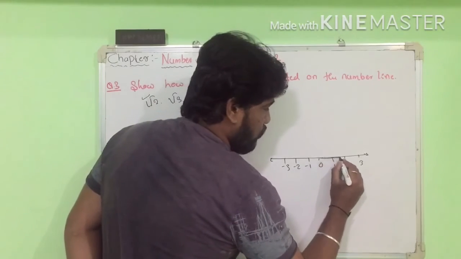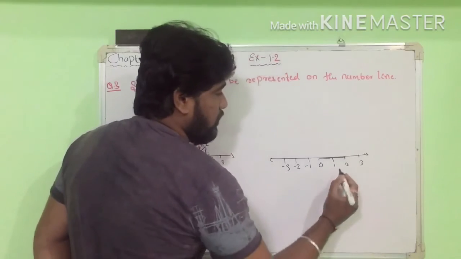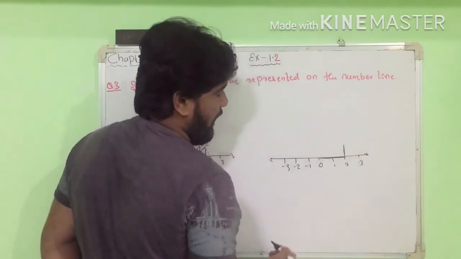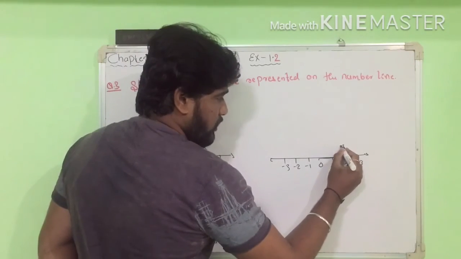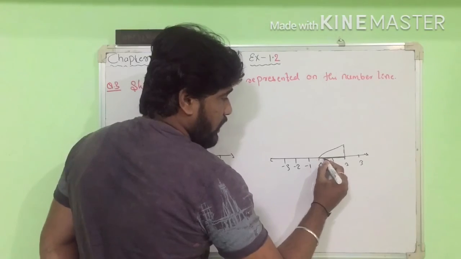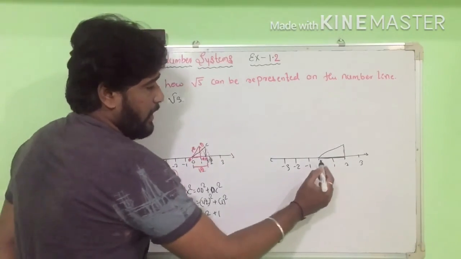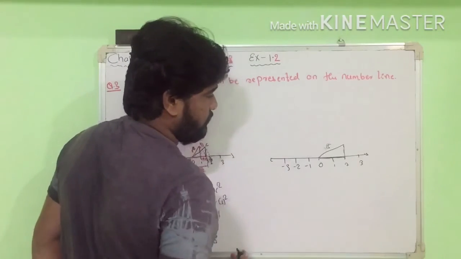So I will take 2 unit length. So it is the 2 unit length, and draw here a 1 unit perpendicular line and join these two. So here we framed one right angle triangle. In the right angle triangle, the hypotenuse is root 5.